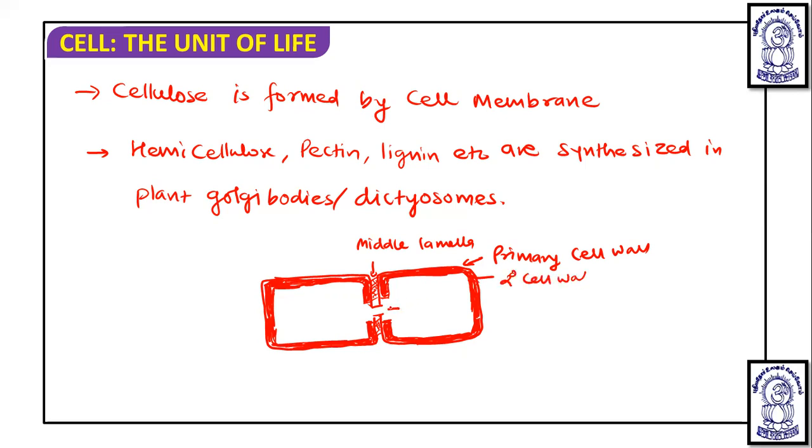Now these are the unthickened areas which are known as pits. And in these pits you will see the presence of this connection that is known as plasmodesmata. So plasmodesmata is the cytoplasmic connection between the two adjacent cells.